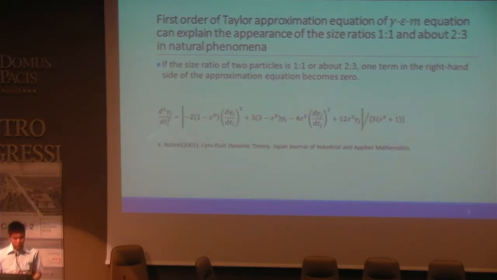The first order of the Taylor approximation equations of gamma epsilon m equation can explain the appearance of the size ratios 1 to 1 and about 2 to 3 in natural phenomena.